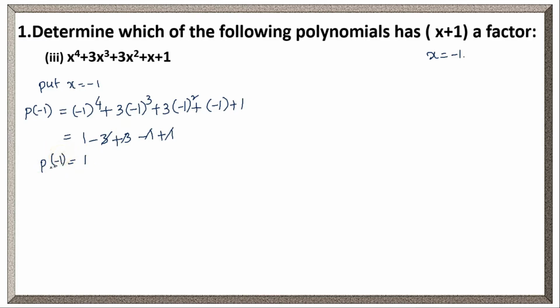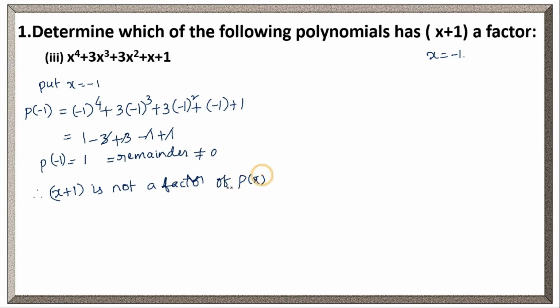P of minus 1 equals... the remainder is not equal to 0. Yes or no? So whenever the remainder is not equal to 0, we can say x plus 1 is not a factor of p of x. Clear? Right.